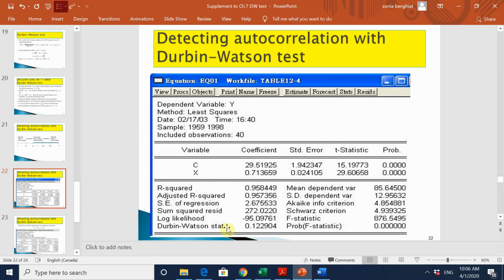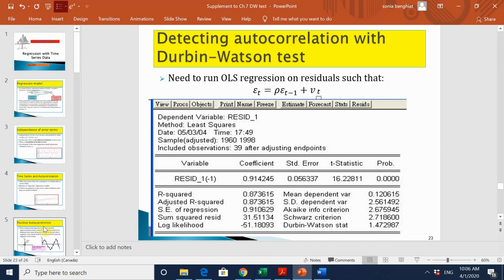If there is autocorrelation, we move on to the next step, which is to equate the error term to its previous error term. So we have this autoregressive model of order 1 for the error terms. Now we must find the coefficient for the predictor, epsilon of t minus 1.